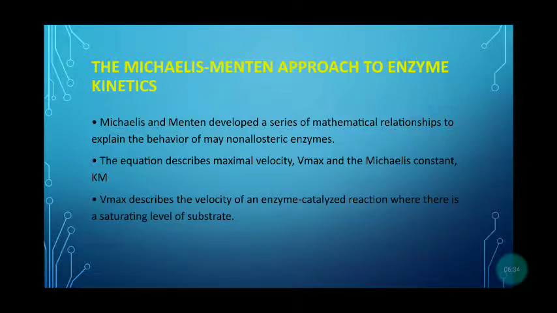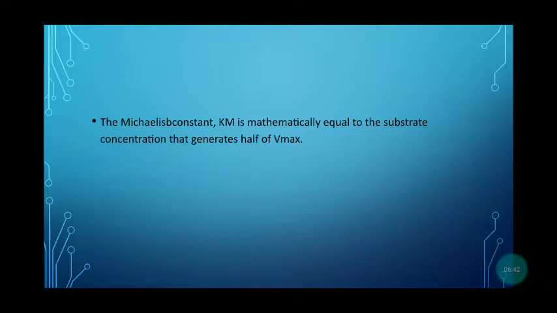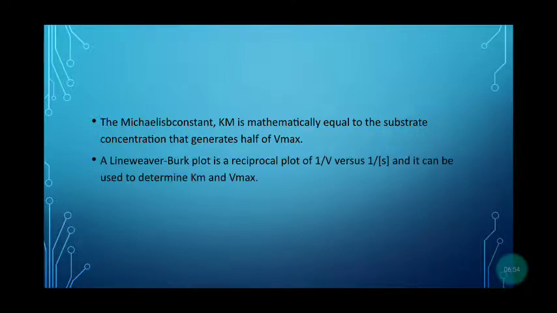Vmax describes the velocity of an enzyme-catalyzed reaction where there is a saturating level of substrate. The Michaelis constant Km is mathematically equal to the substrate concentration that generates half of Vmax. A Lineweaver-Burk plot is a reciprocal plot of 1/V versus 1/S, and it can be used to determine Km and Vmax.